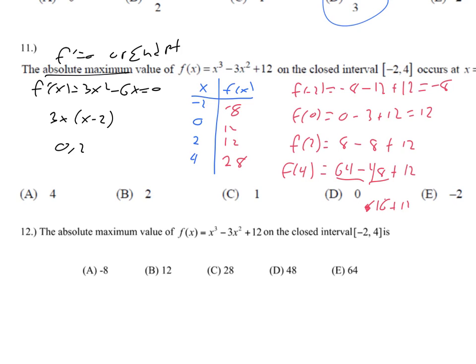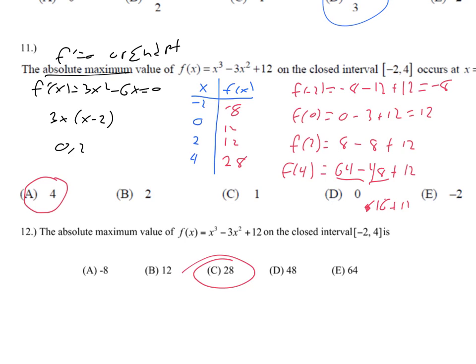What x value? It occurs at an x value of 4. The absolute maximum of the function is, so 11 and 12 are very similarly related because one is asking where and the other one is asking what it is. The value of the maximum is 28, and it happens at 4, which was the answer to 11.